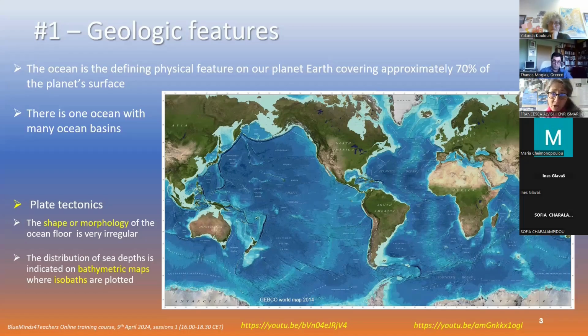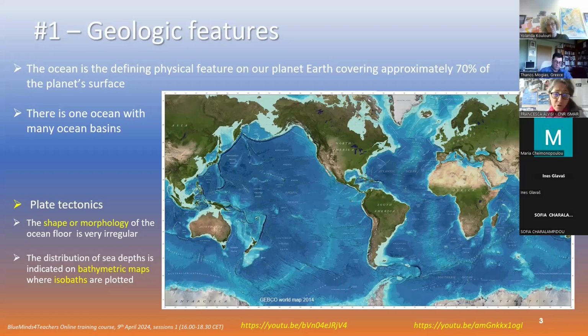This interaction between the different plates, the different parts of the lithosphere, makes the shape and morphology of the ocean very irregular. If we get rid of the water of the ocean, we can see the floor, and we can see that it's very rough and very similar to the land surface. So in reality, it's a surface covered by water.